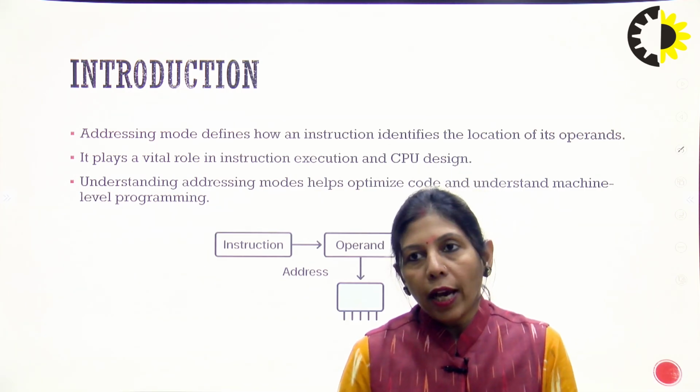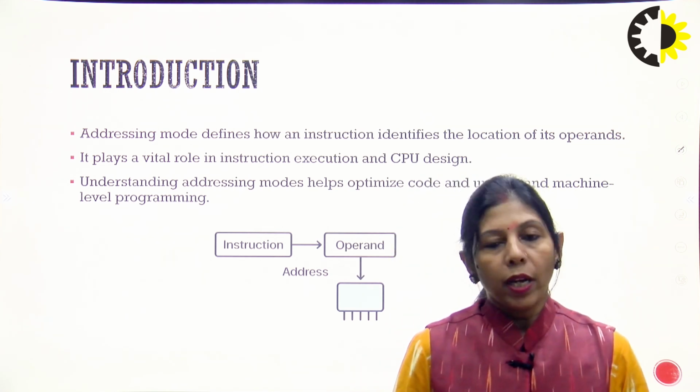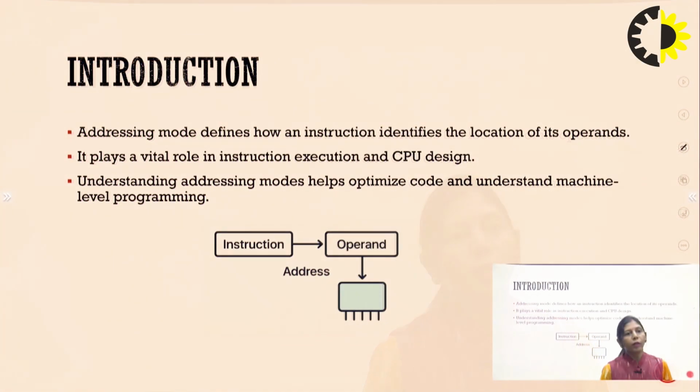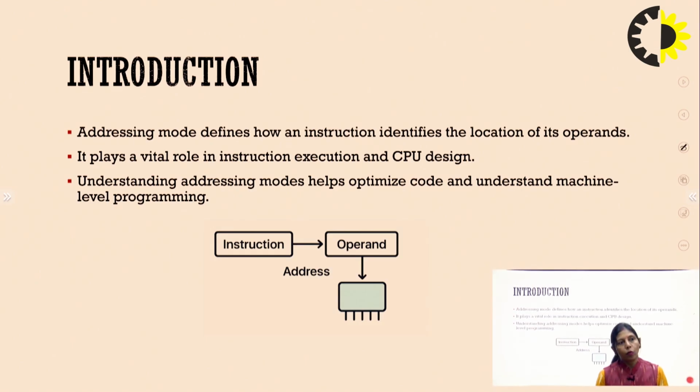For that, depending upon the computer architecture, be it von Neumann, Harvard, whatever the type of architecture, there are various addressing modes. All those addressing modes decide how the operand will be fetched from either the memory or the register, or it can be there in the instruction as well.